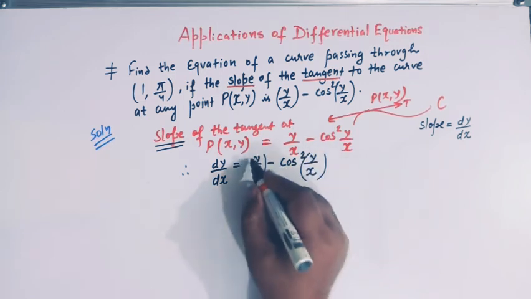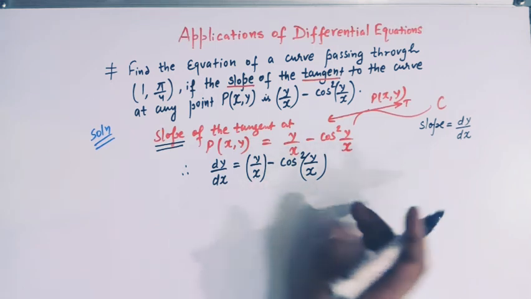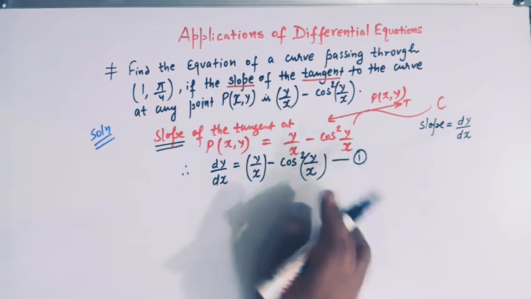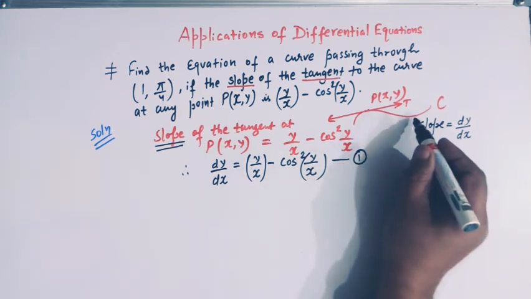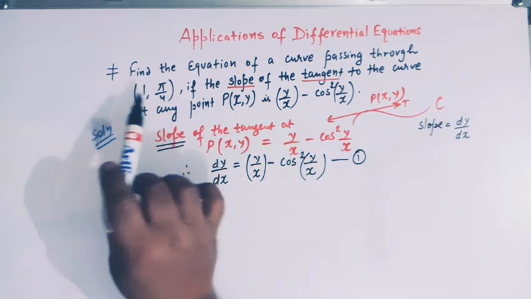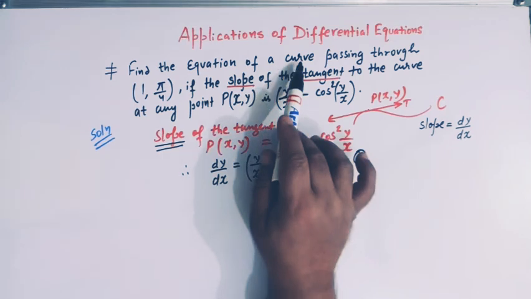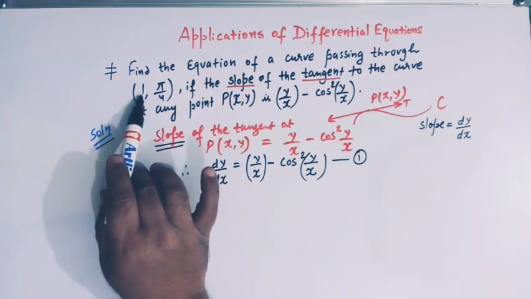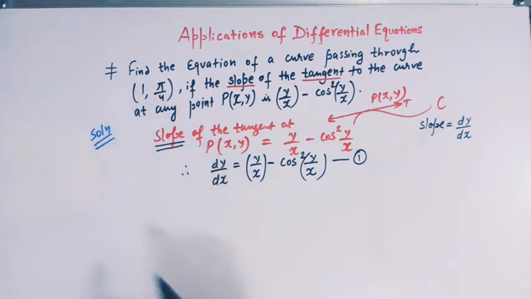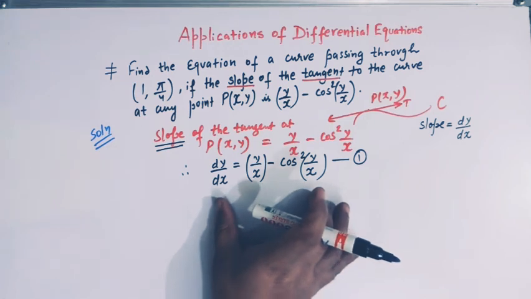So here we have framed a differential equation, the differential equation of this curve. And we are also given a condition that this curve passes through this point (1, π/4). So now our aim is to solve this differential equation.